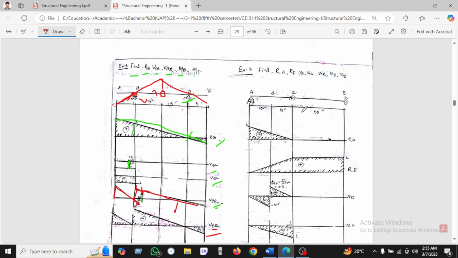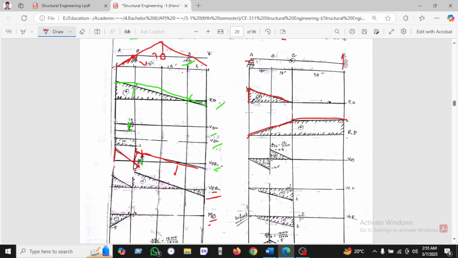You can see another example. This is the last example in our class. RA, we have been seeing RA, so we're putting it as R1 and going there. And RE, we have an upward one unit weight going here and to the 0 as the support is 0.